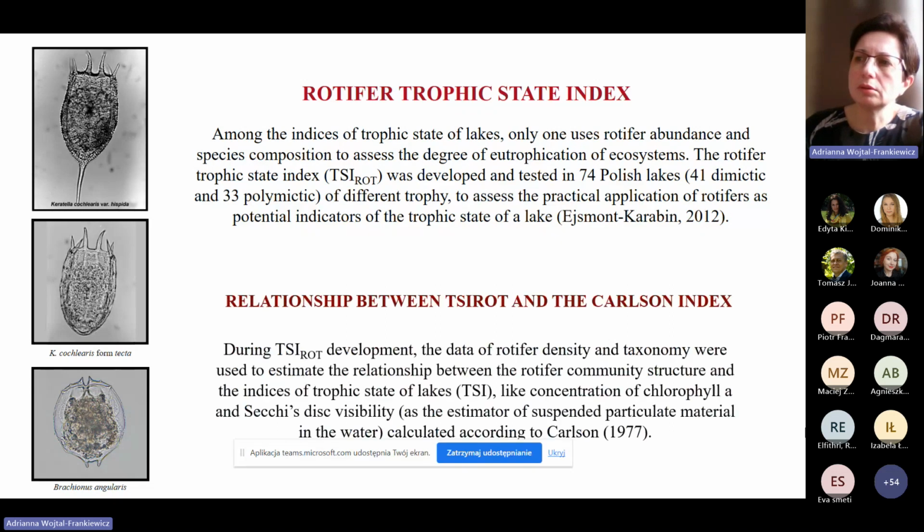It is worth mentioning that during the development of this index, data on rotifer density and taxonomy were used to assess the relationship between rotifer community structure and indicators of lake trophic status calculated according to the well known Carlson index.